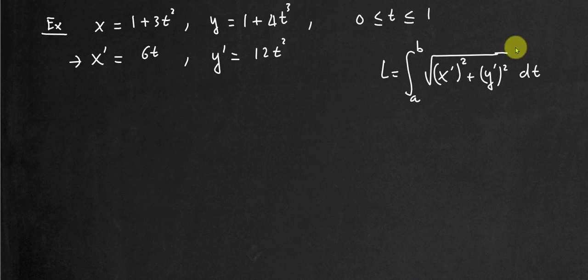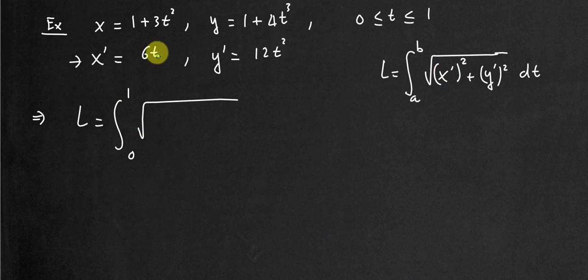And now I'm ready to plug in everything to the arc length formula, the first version. So I have t going from 0 to 1, and I have the square root, and then x prime, which is 6t squared, plus y prime 12t squared, and then squared outside, and dt.